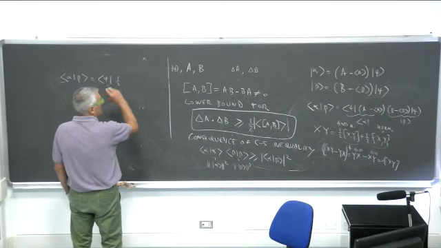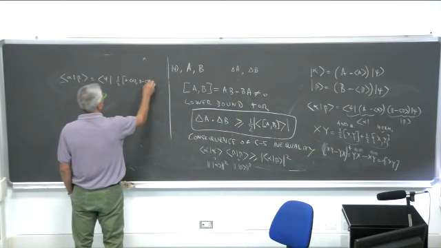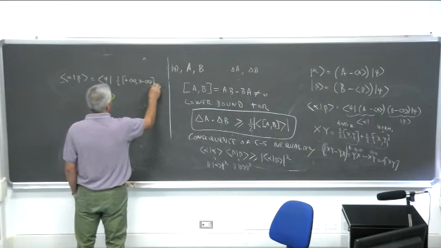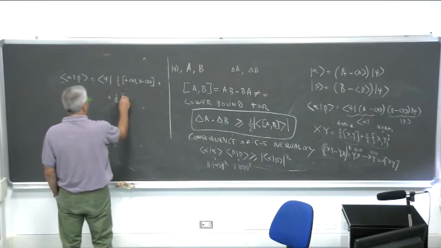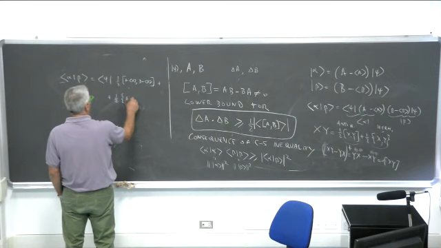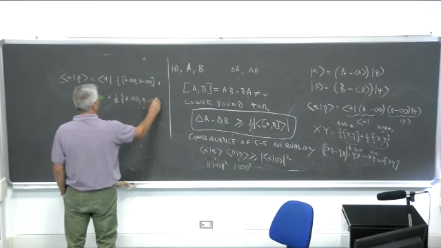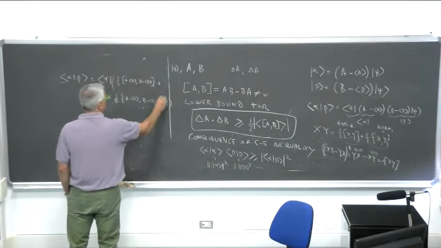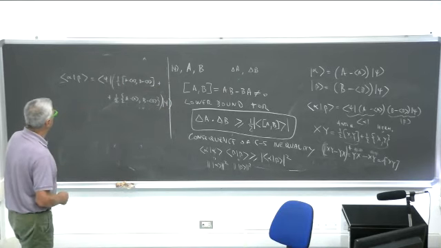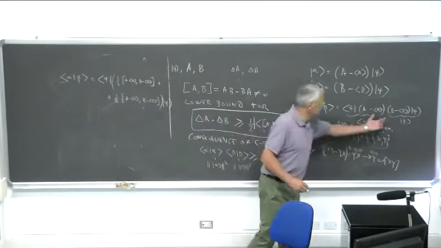Let me write it: the commutator of A minus expectation of A and B, plus the anti-commutator. No, this gives back the original thing.